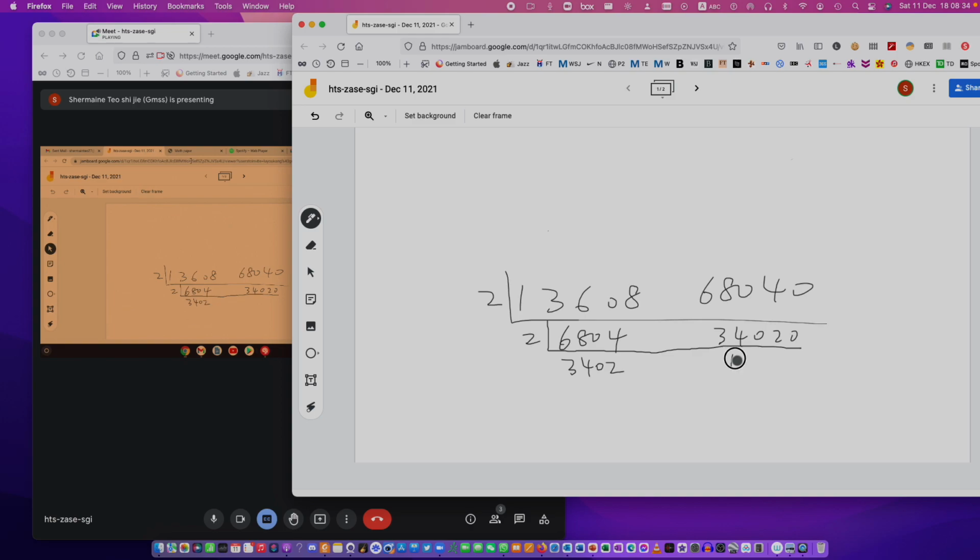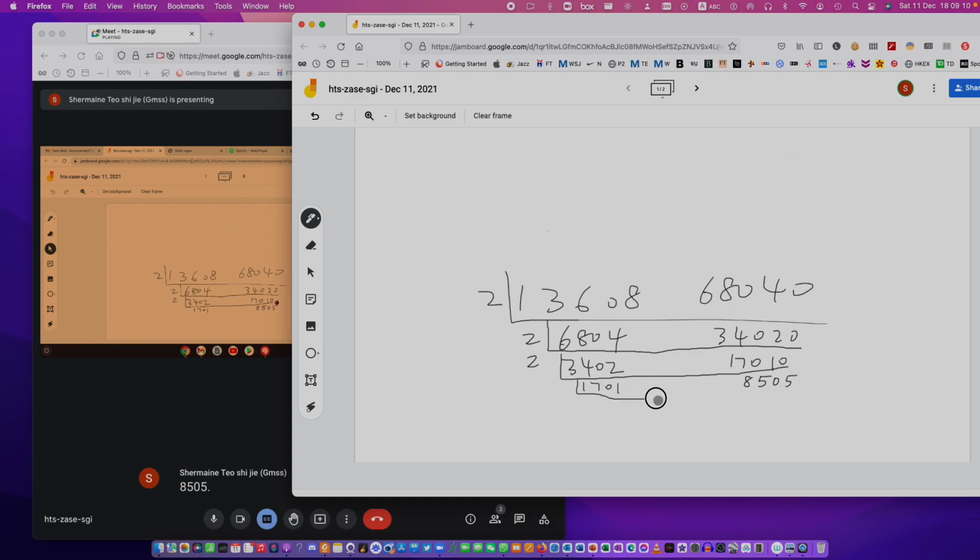1701. Continue. Divide by 2 again. 8505.